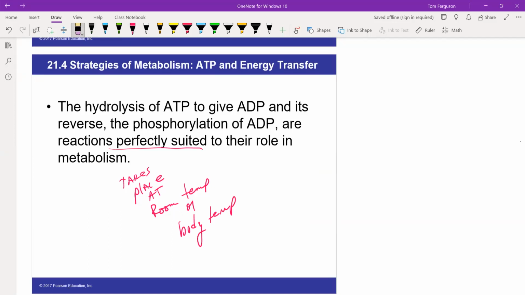Probably more accurately, let's just say body temperature here. It's not a high temperature process, frequently associated with energy type molecules like TNT, gunpowder, that kind of stuff, which involves energy transfer as well, but at very high temperatures.